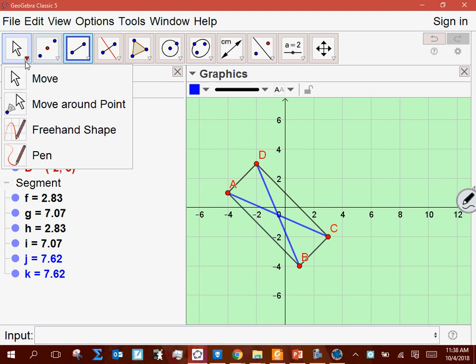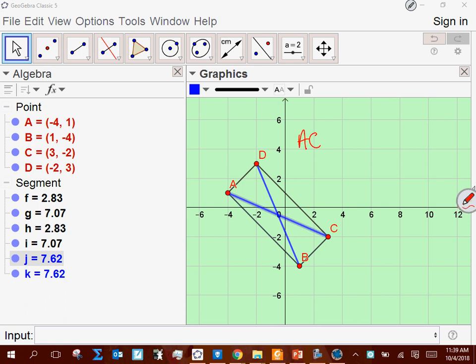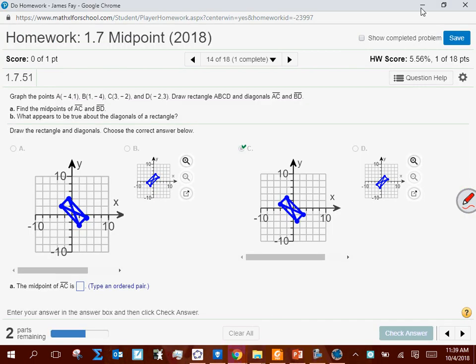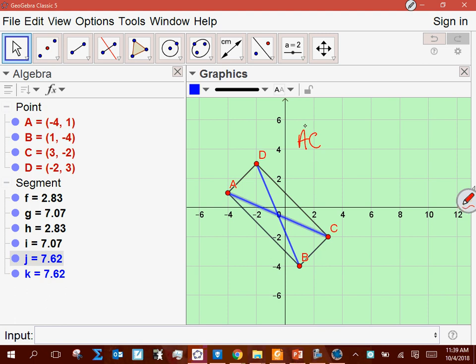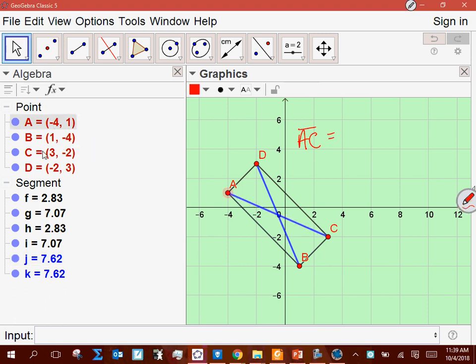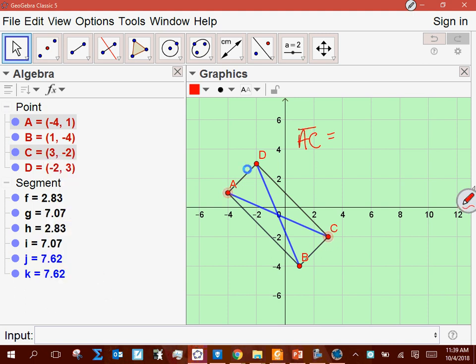Okay. Now here's the question. It says what is the midpoint of AC? Okay. So the midpoint of AC, let me just double check and make sure that is the question being asked. Yeah, the midpoint of AC. Okay, if I look at A and C, we put their values up here.